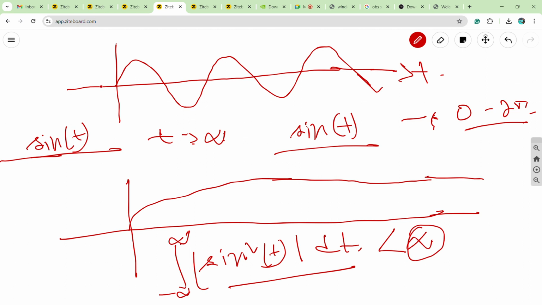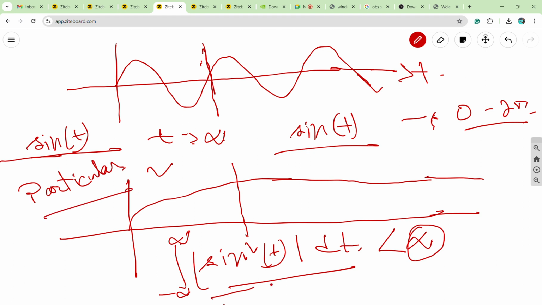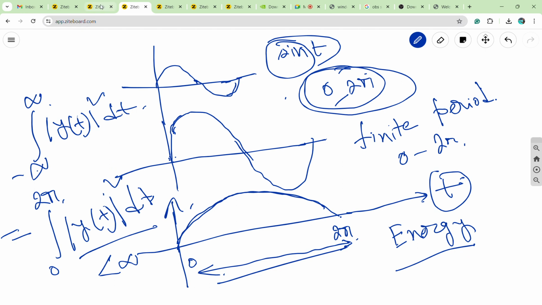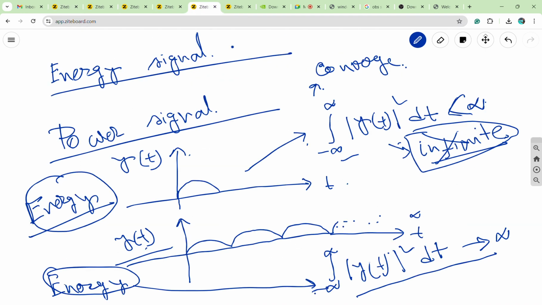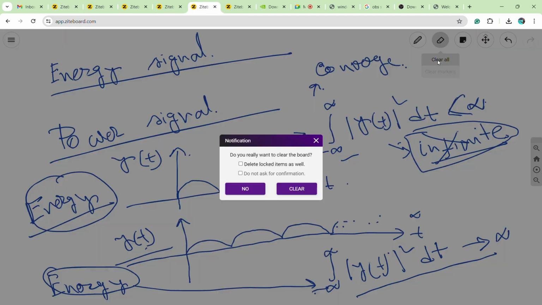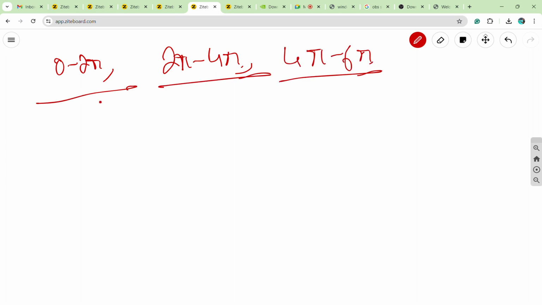But for a particular instance within this limit, this will have a particular value. The same function will take the same value from 0 to 2 pi as from 2 pi to 4 pi. The same value is repeated from 4 pi to 6 pi. In this way it is going.